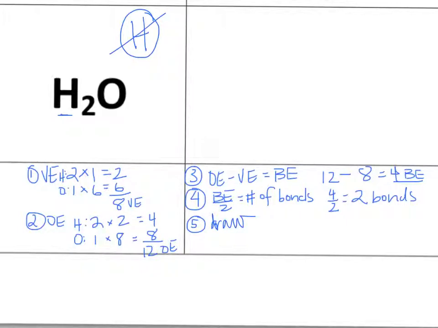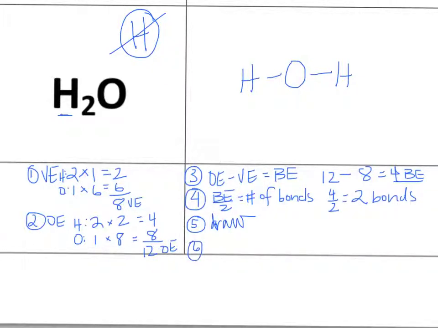And it could be in a line with one other thing, but a central atom is implying that there are things around it. So oxygen has to be the central atom. And our H's go on either side.